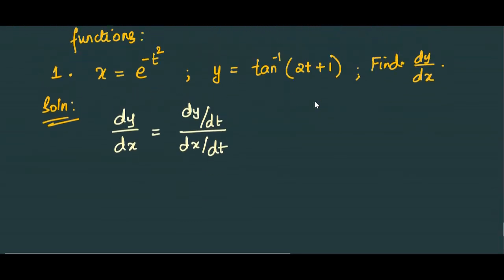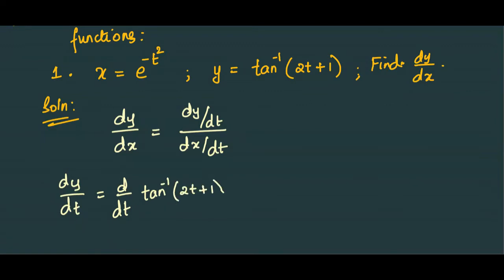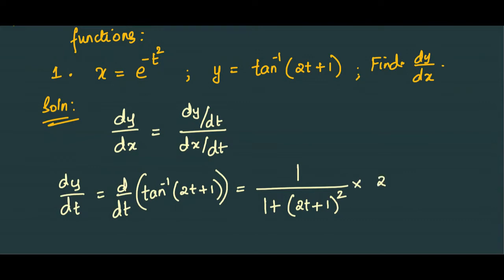So now dy upon dt is d by dt of tan inverse of 2t plus 1, which is 1 upon 1 plus this argument square into derivative of 2t, which is 2.